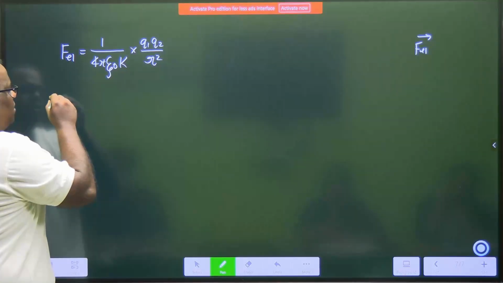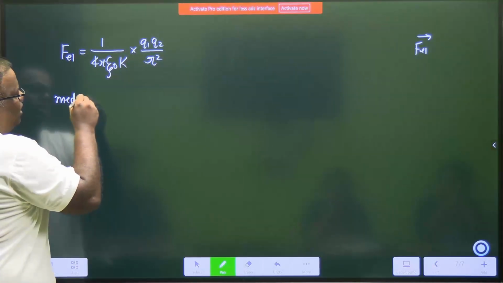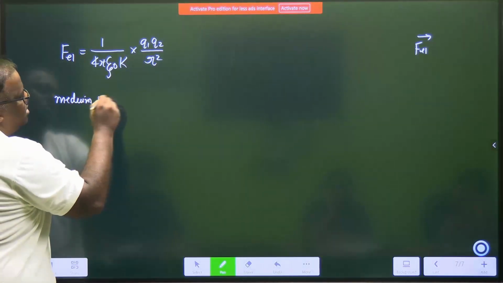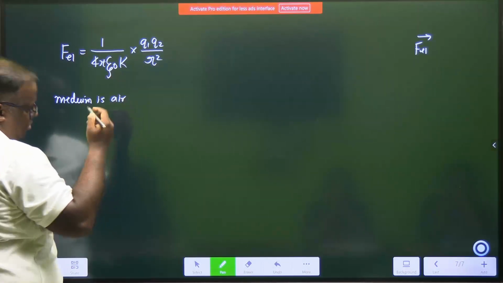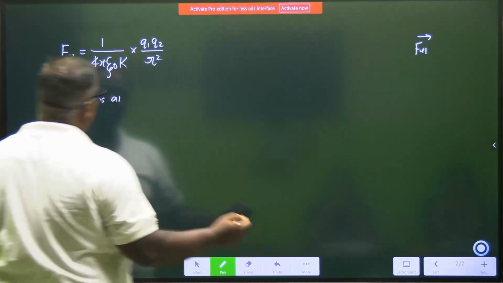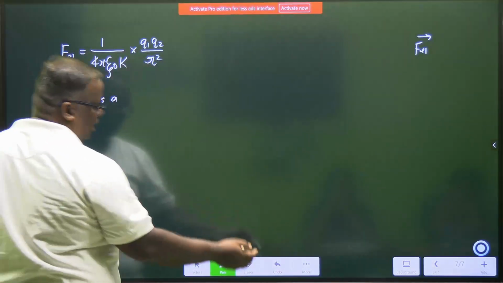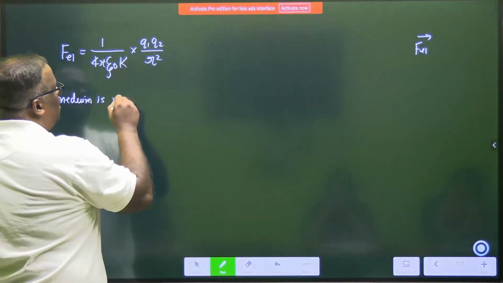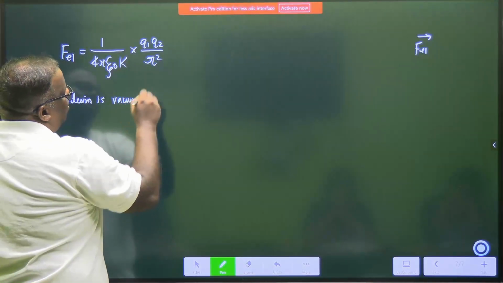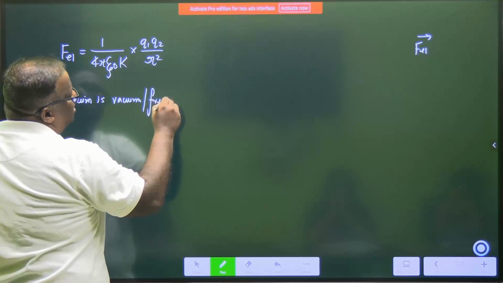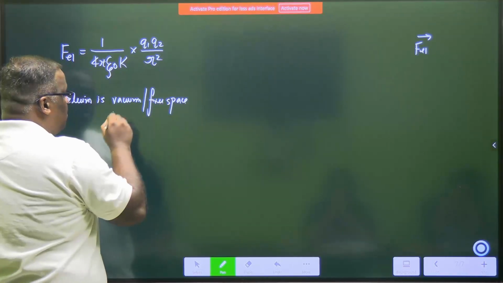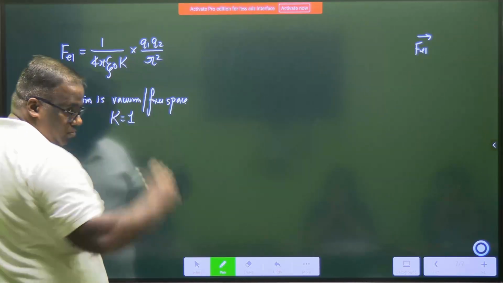So when the medium is air, they take air also as free space only. Air is also considered as a vacuum or free space. At that time, K takes the value as 1.